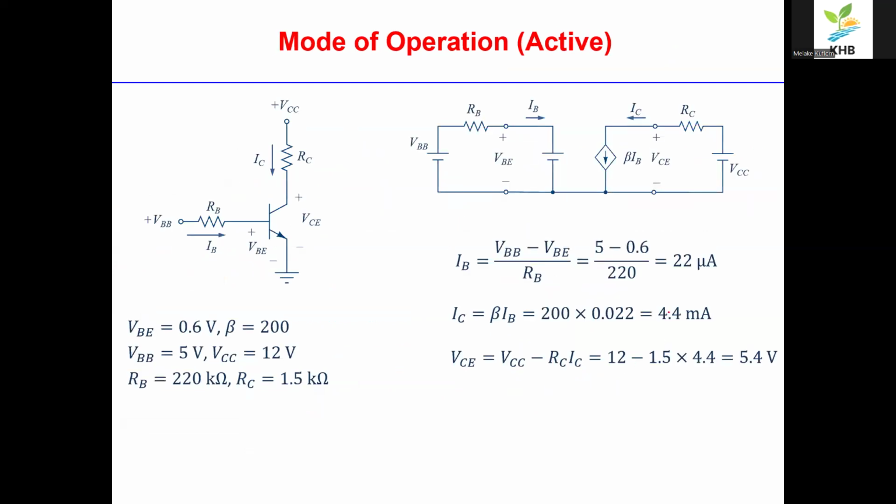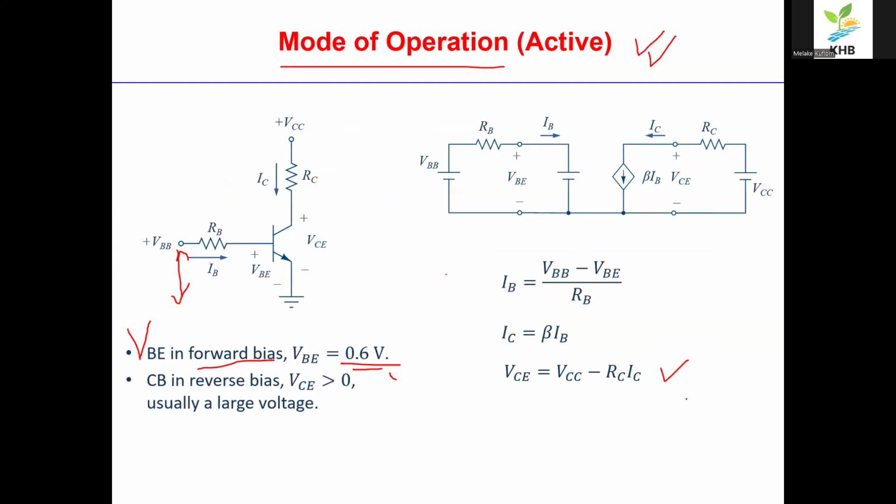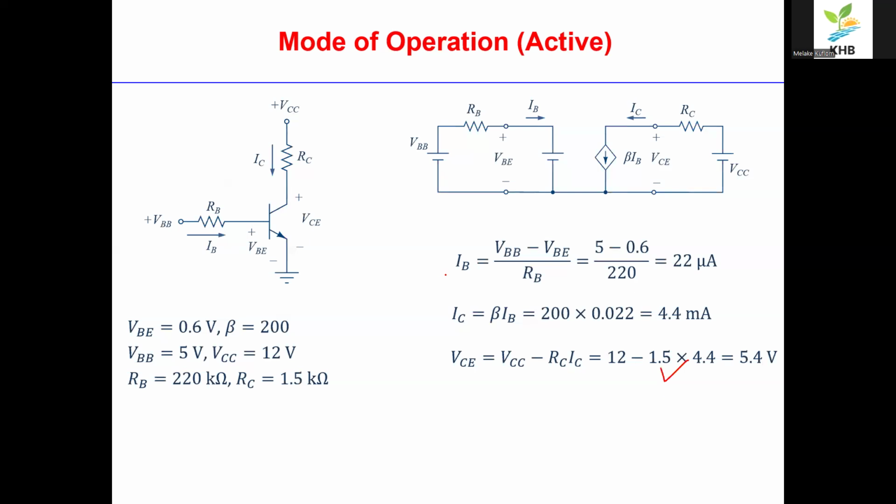This is the active region formula. For example, when we have a small amount of IB, which is 22 microamp or 0.022 milliamp, we can have a collector current of 4.4 milliamp.